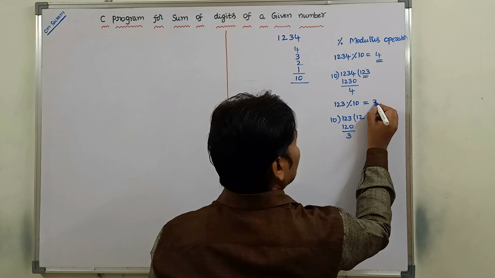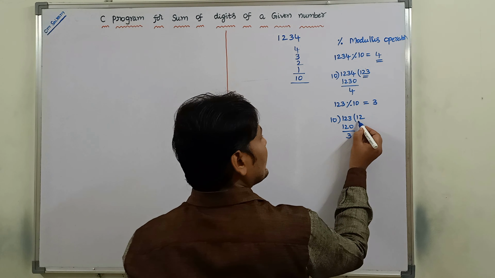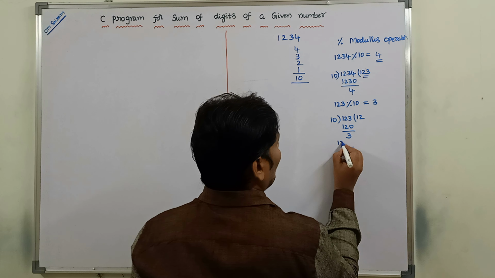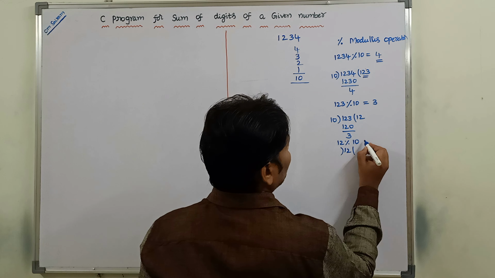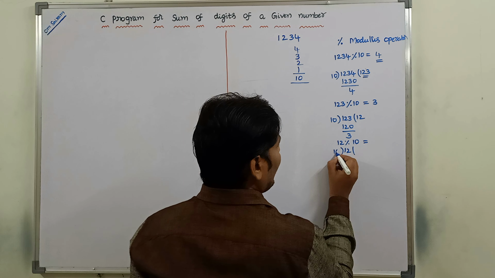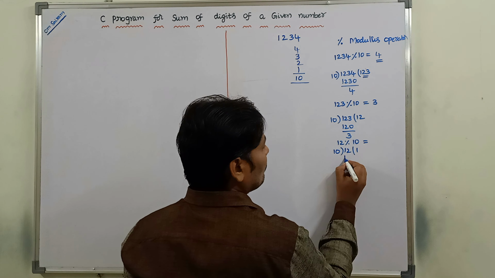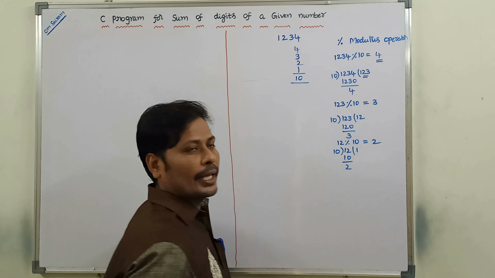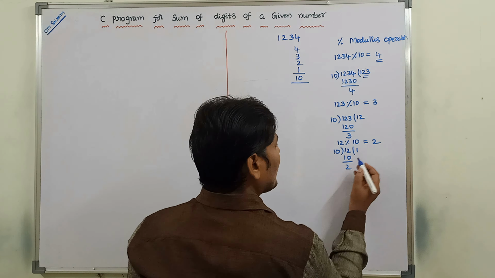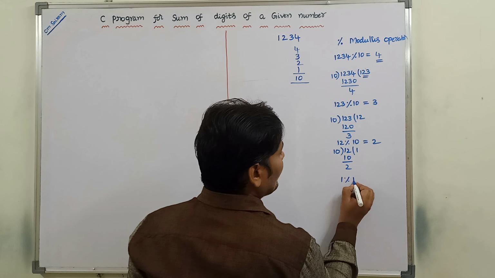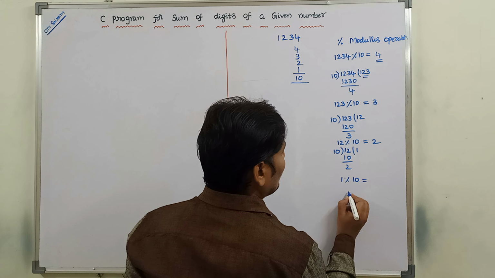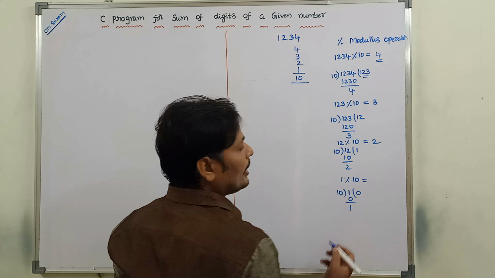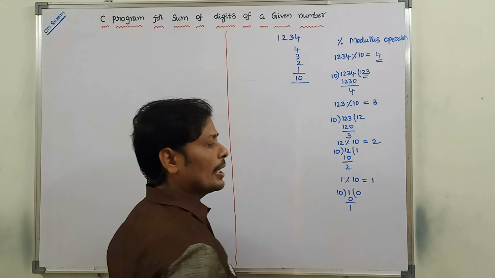Next, I take the number 12. 12 modulus 10: 10 divides 12 one time, and the remainder value is 2. Next, this number can be taken: 1 modulus 10. 1 divided by 10 is 0, and the remainder is 1. So we get the remainder 1.